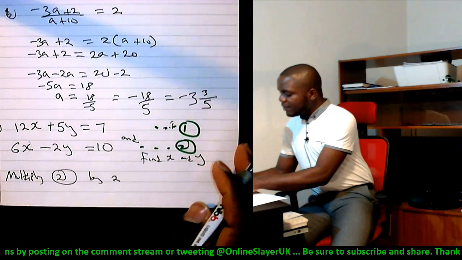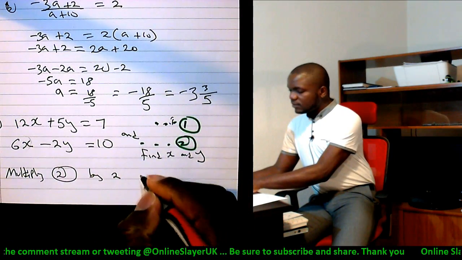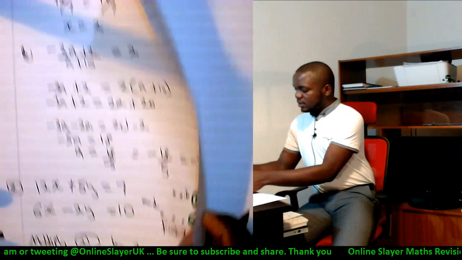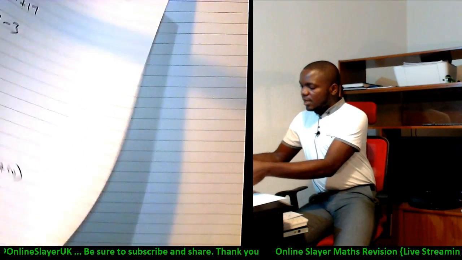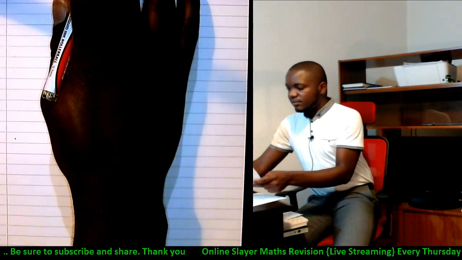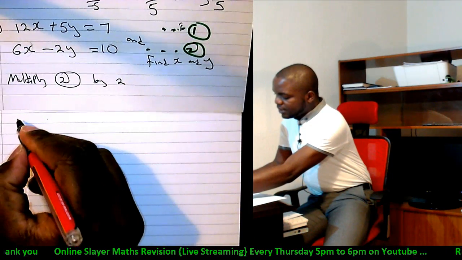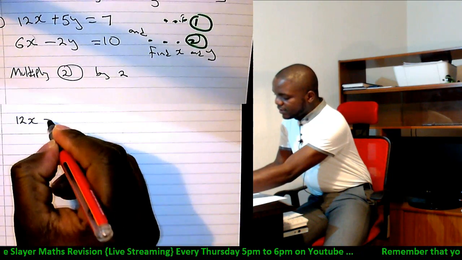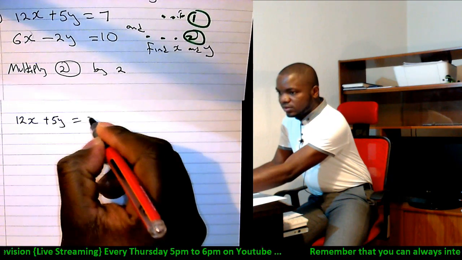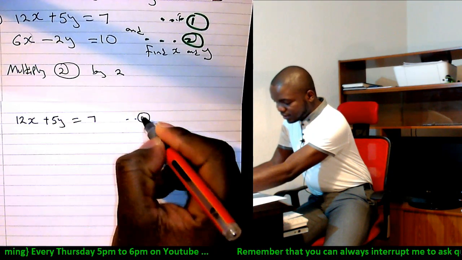So we now have a problem that looks like this. Oh, I think I need to get a new sheet. Alright, so we now have a problem that becomes the first equation, 12x plus 5y equals 7, equation 1 still.